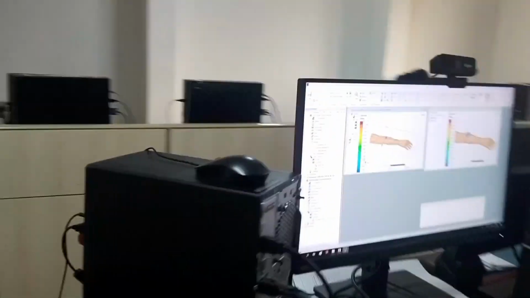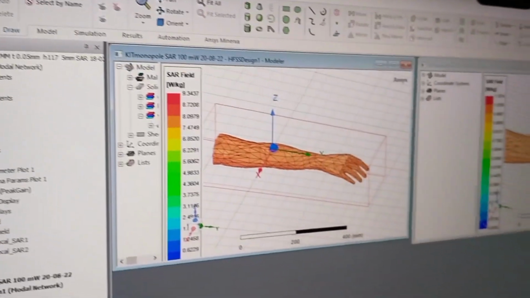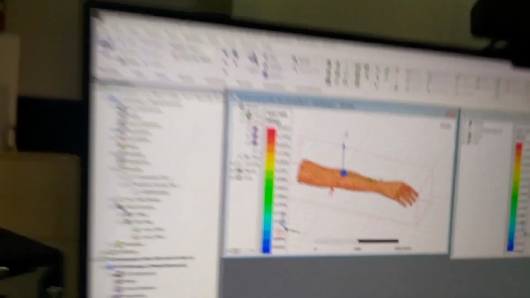watts per kg. Using HFSS software it has been simulated, but unfortunately the SAR value is 9.3437. That is the SAR, specific absorption rate, which is beyond the FCC standard and not acceptable.